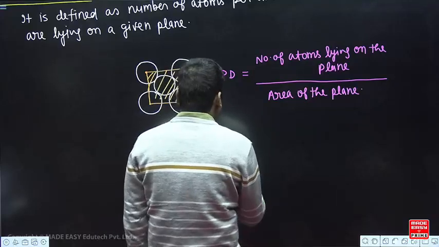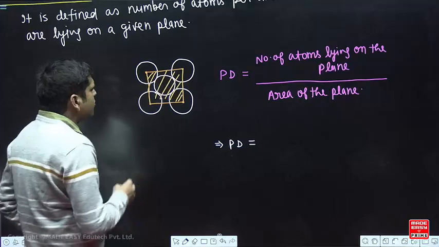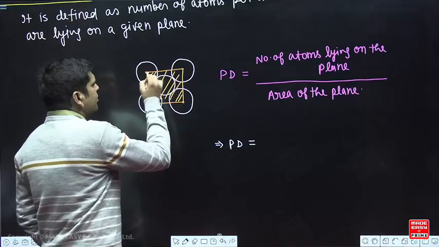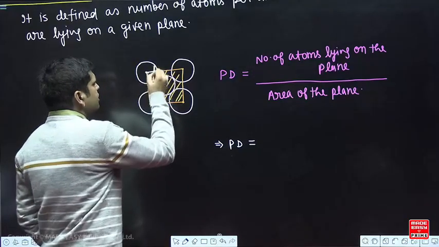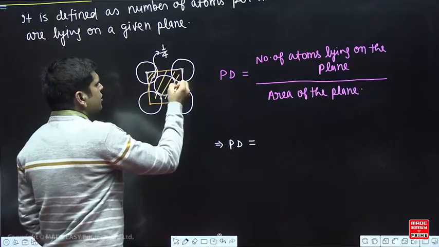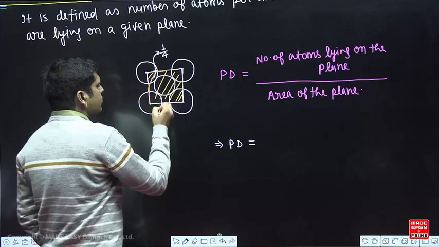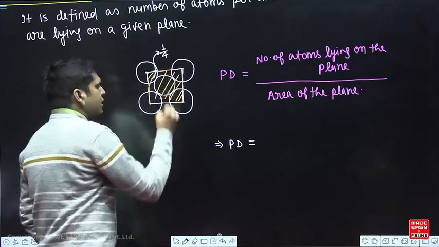So PD is equal to, now you see my dear friend, how much atom is located? This atom has only this much of the part, it is 1/4. This one is also only 1/4. This one again 1/4. This one again 1/4. And this whole atom.